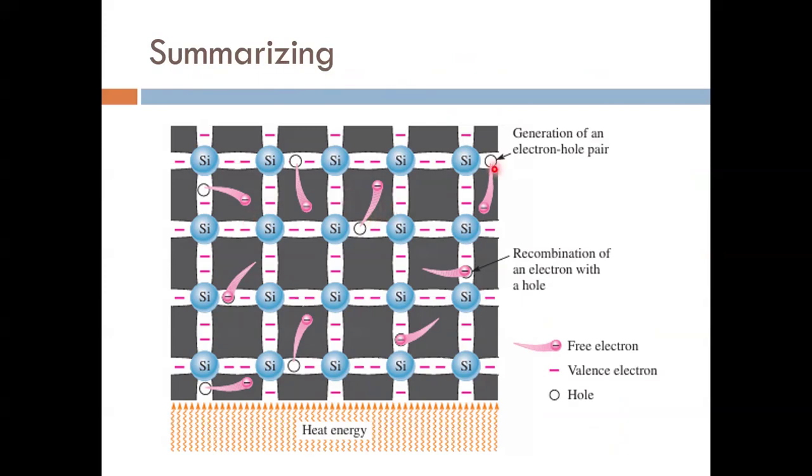In these atoms, electrons have left from many places, so they have resulted in the generation of electron hole pairs. When an electron falls back into a hole, this is called recombination of the electron with a hole, and this generation of electron hole pairs is important to understand onwards how actually the current flows in these materials.